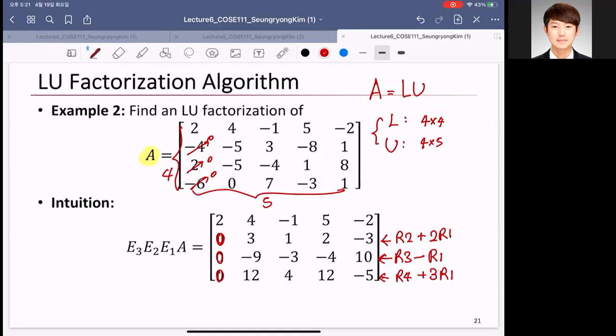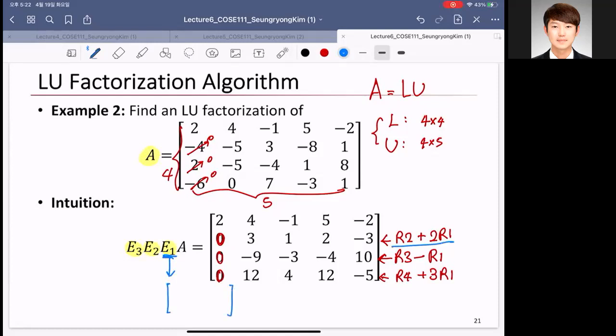Then let's think about the shape of E1, E2, and E3. If E1 is in charge of this replacement, what is the original matrix?